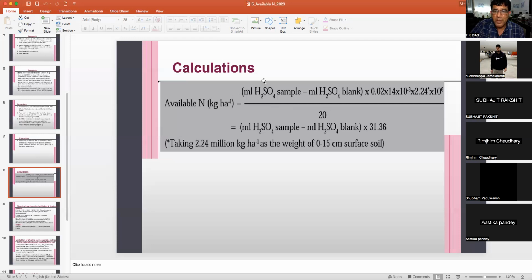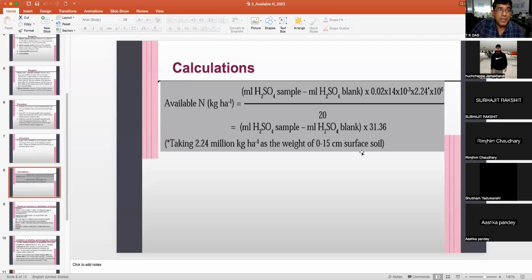And if you cannot remember all these things, you can simply take ml of H2SO4 for the sample minus ml of H2SO4 used for the blank, multiplied by 31.36. This is the factor. It was calculated by our teacher, Dr. Rajendra Prasad. He said if you get the difference in readings and multiply by 31.36, you will get the available nitrogen in kg per hectare.